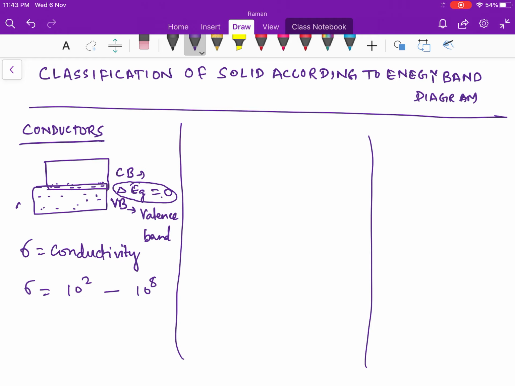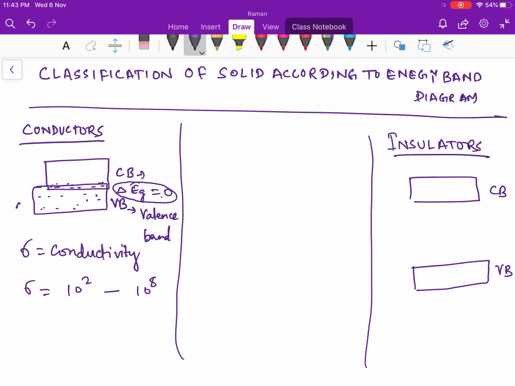Whereas in the case of an insulator, the conduction band is the higher energy state and the valence band is the lower energy state. The energy gap between the conduction band and the valence band is very large, that is greater than 3 electron volt.